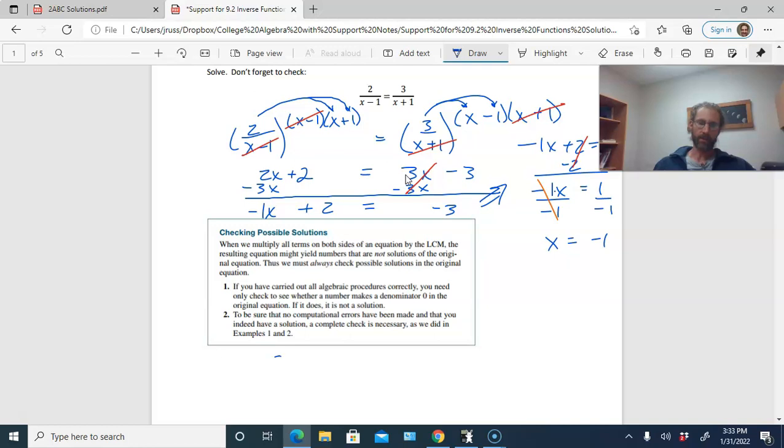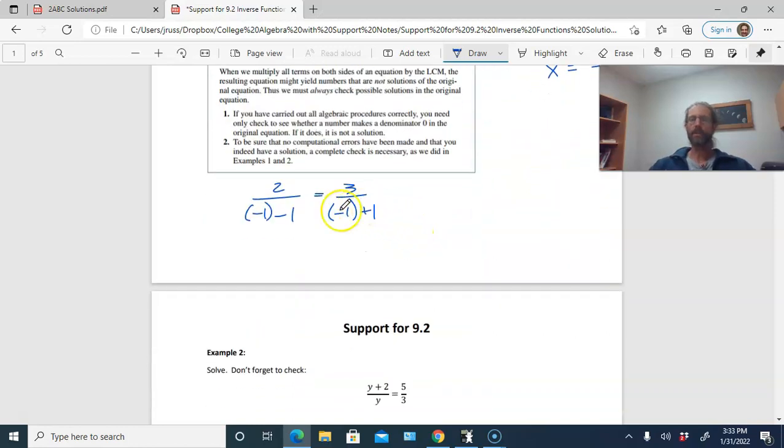To check, you basically rewrite the equation, but you plug negative 1 in for x, and you see if you get the same number on both sides of the equation. Well, down here, negative 1 minus 1 is negative 2. So that gives us 2 divided by negative 2 is equal to 3 on the other one. And then negative 1 plus 1, this is problematic because those are opposites and they're going to give us 0.